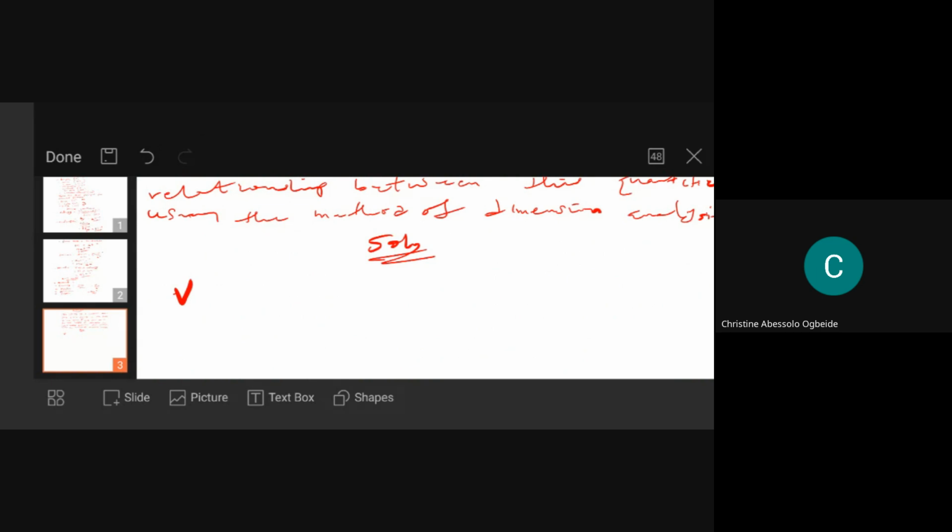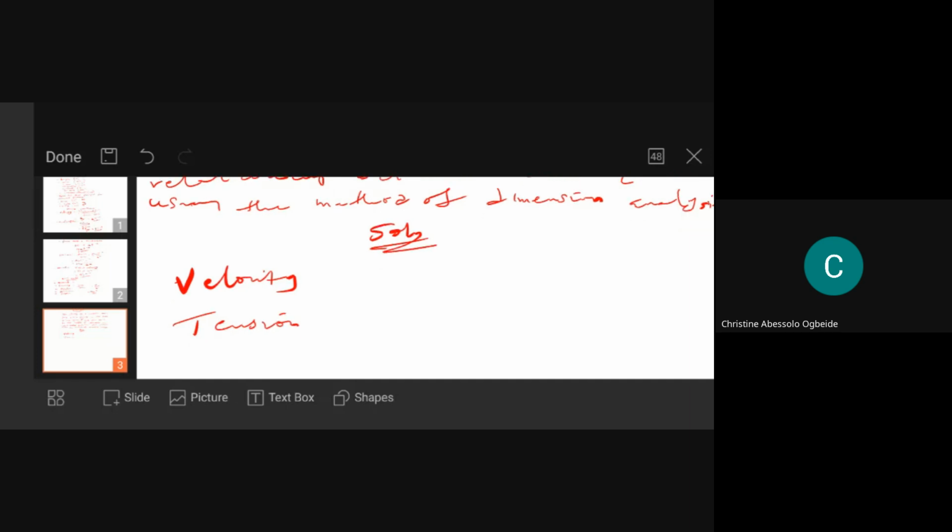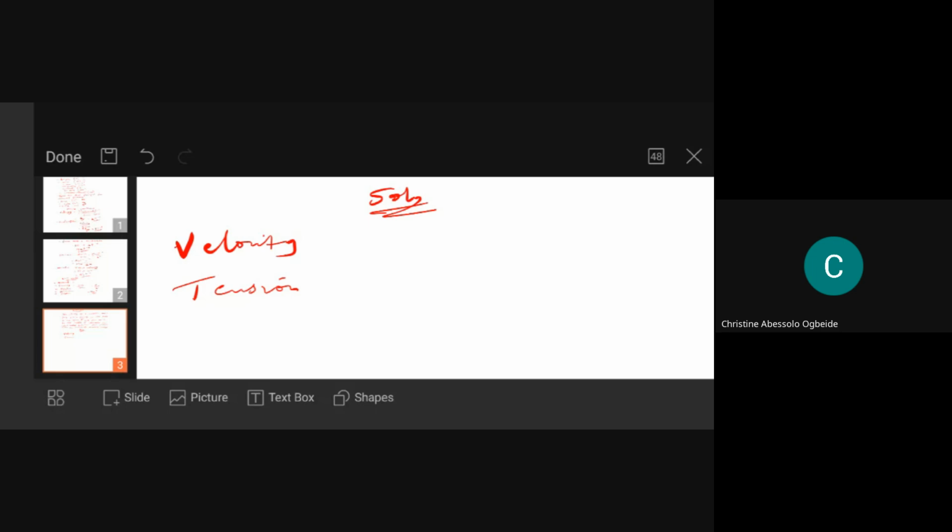So the first thing I have there is velocity. I write it out. It depends on the tension and the mass per unit length. Mass per unit length is simply mass divided by length. What is the dimension for velocity? LT to the minus 1. Tension is a force, and every force has the same dimension.